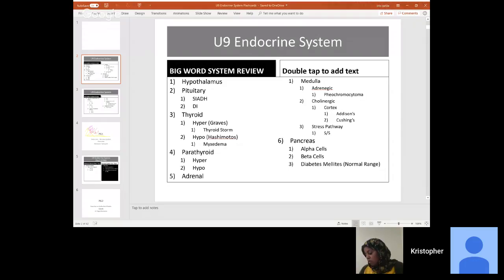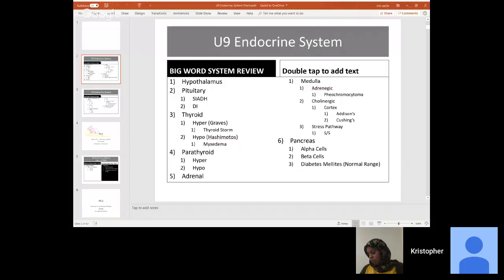Aldosterone is for the salt? Yep, aldosterone is the salt, because remember, what does aldosterone do? Take a deep breath and think about urinary. What does ADH do? It's retention of water and sodium. There you go.